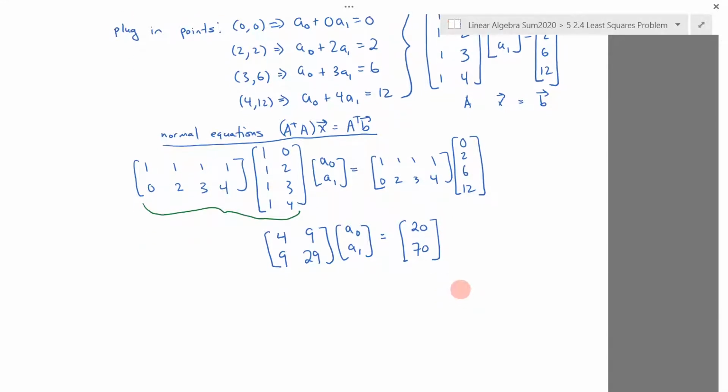Okay, so now we have this 2 by 2 system. If I want to solve for a0, a1, I can just take the inverse of this. Right, so it's 1 over the determinant.